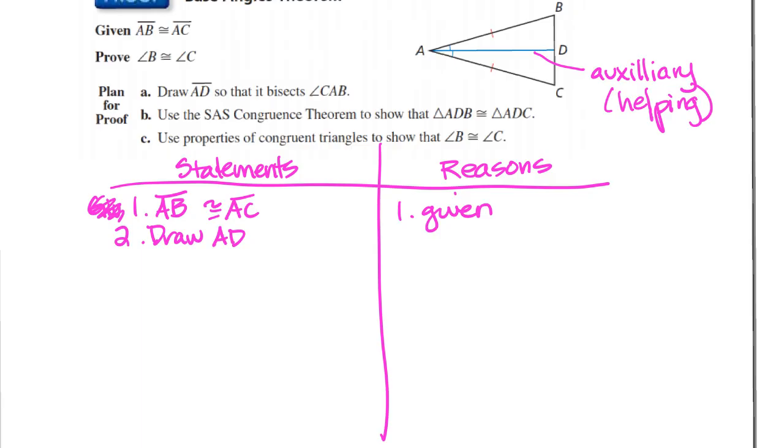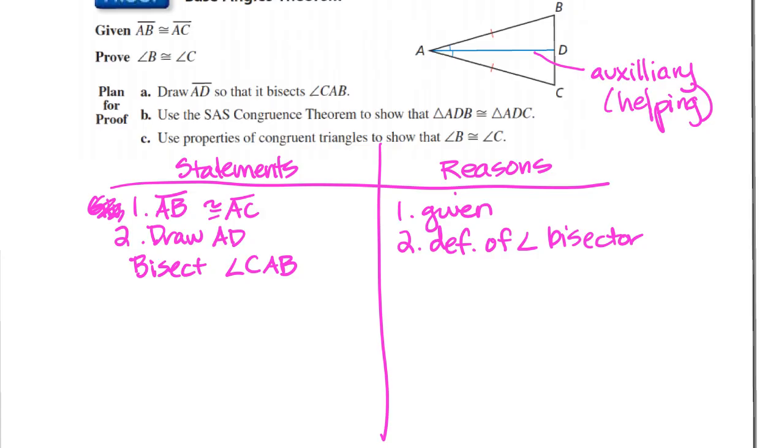So really we're going to bisect angle CAB, and we're going to say that we're using the definition of an angle bisector to do that, because we are actually drawing one so that we bisect the angle.